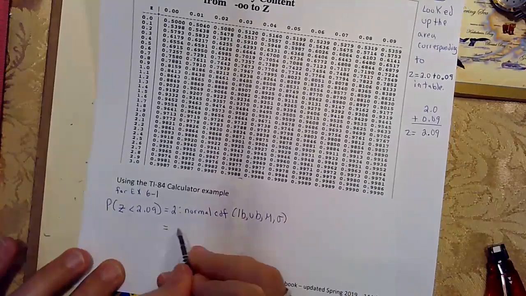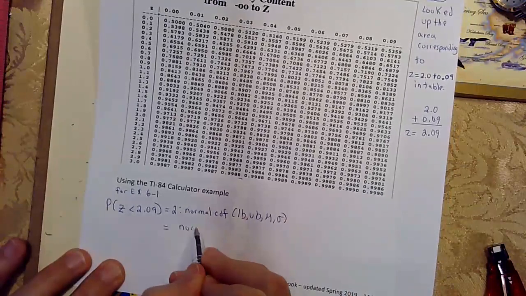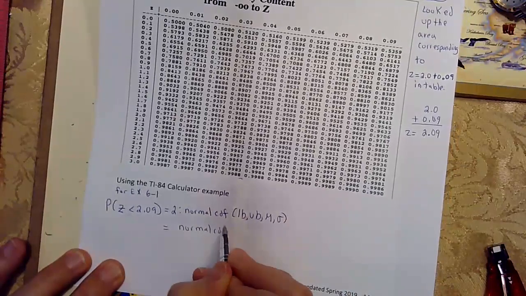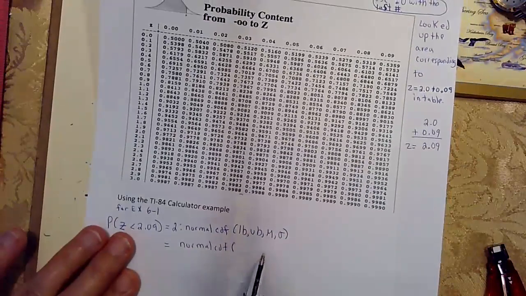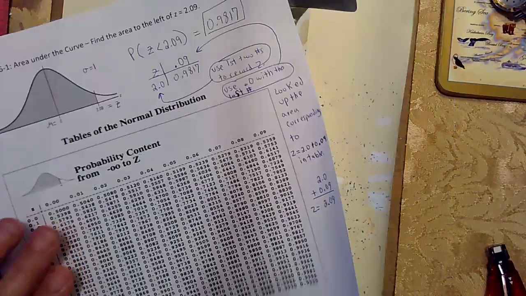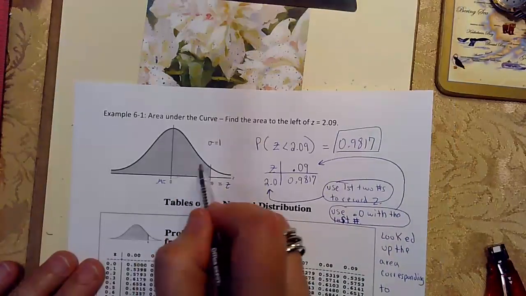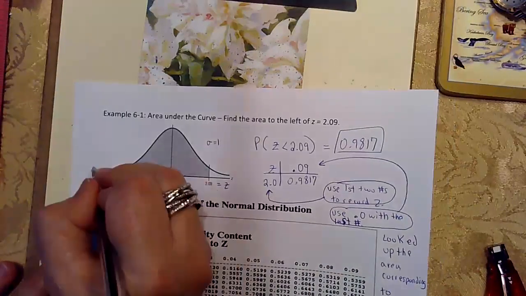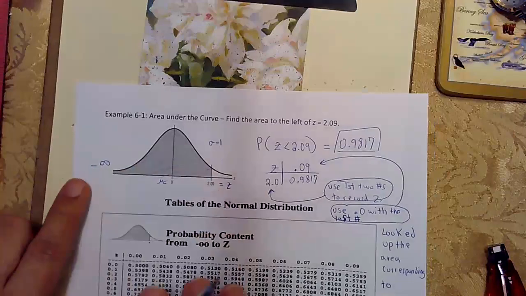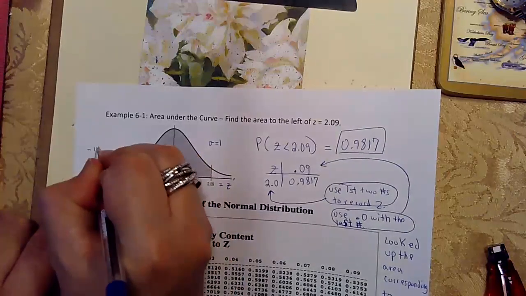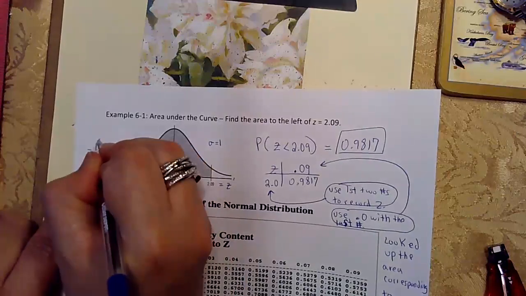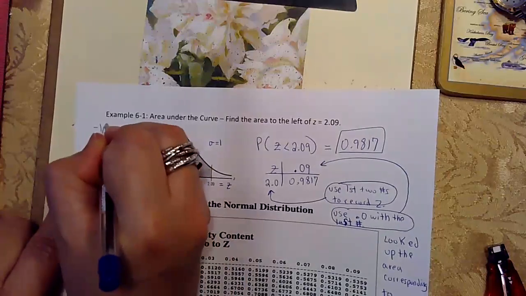So when you do your substitutions, normal CDF. Remember we read graphs from left to right. So when you read your graph from left to right, see this is all that's shaded. And you see how this is negative infinity. So you can either use negative 10,000 or you can use negative 1 e to the 99.